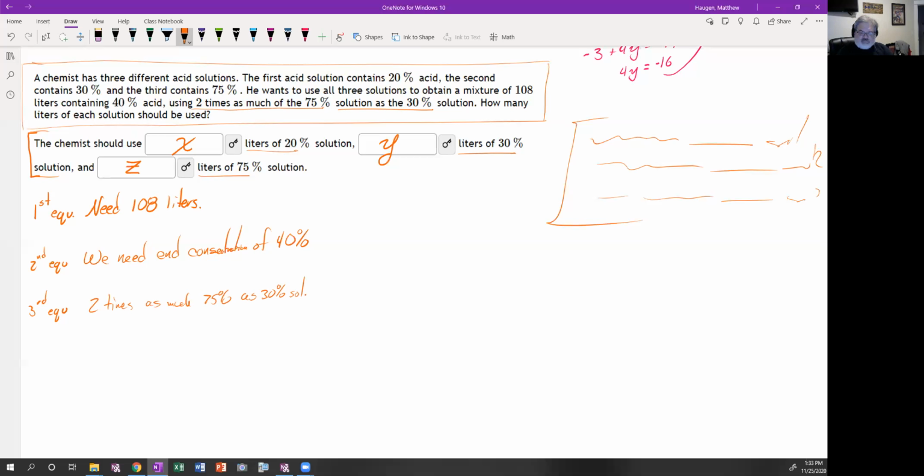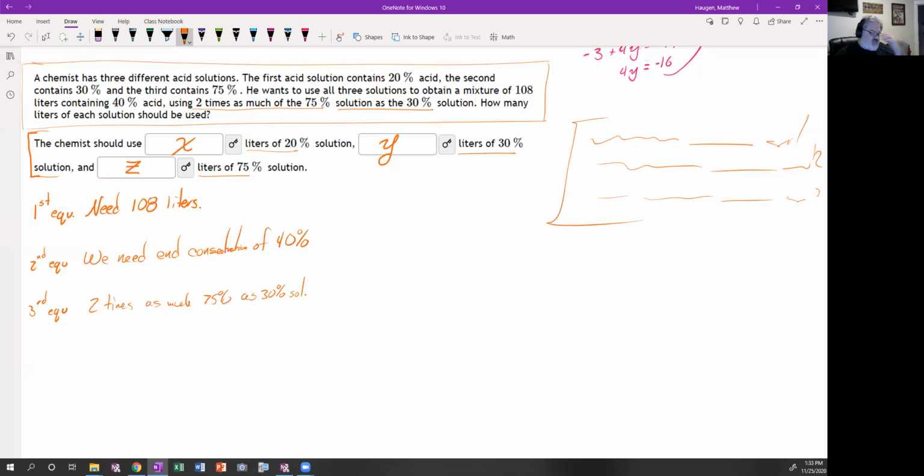Fair? So those are the 3 facts that we have to make sure are true. Those are the 3 relationships that have to occur. So that's going to build our 3 equations. Happy with that so far?